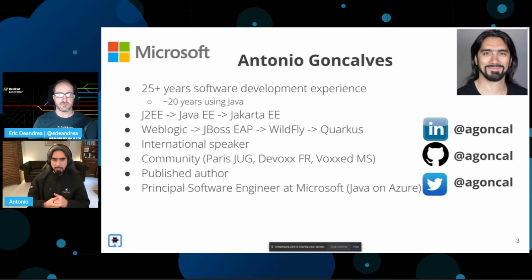I used to be a BEA systems developer. And through all this history, here I am contributing to Quarkus. And like Eric, I wrote a few books, a couple on Quarkus actually. And I also talk at conferences, mostly about Java, Quarkus, and recently cloud stuff around Azure.